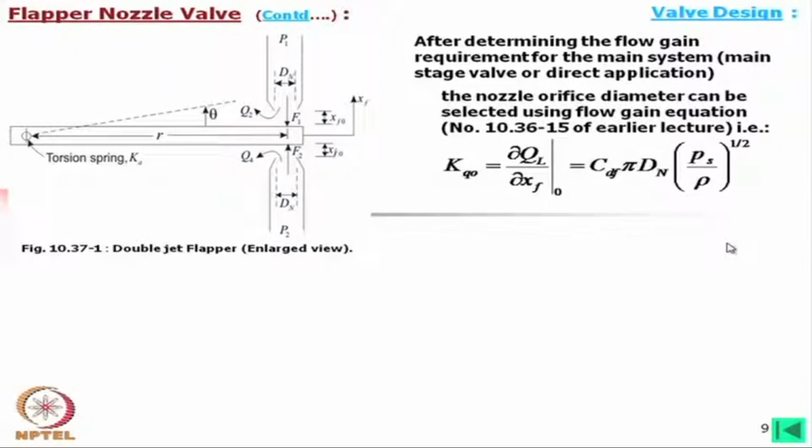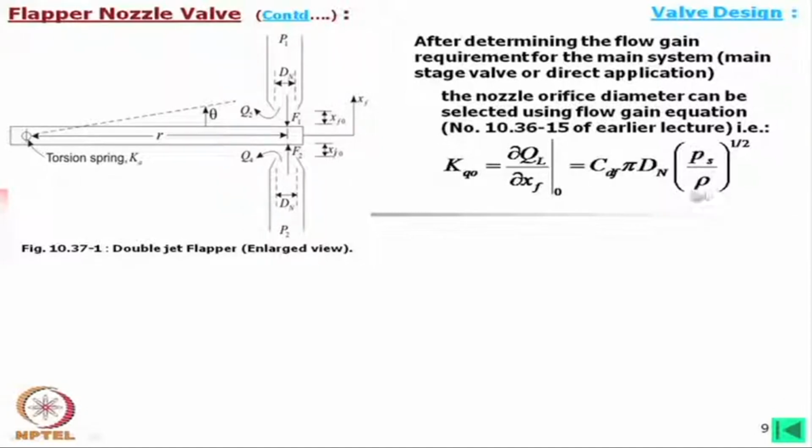What we do, the nozzle orifice diameter can be selected using the flow gain equations. We use these flow gain equations directly, and from there we find out what will be the diameter of the nozzle. Say how much flow gain we need, from there we can have this value as well as this value, and C_d we can take from experience, because we have not yet designed this nozzle.